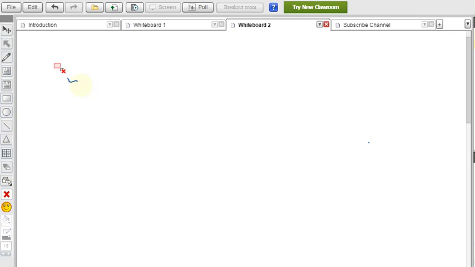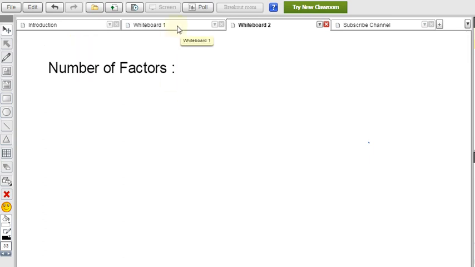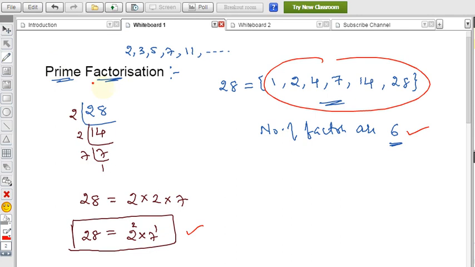So number of factors, we'll see. Number of factors of a given number. First we need to do the prime factorization method.